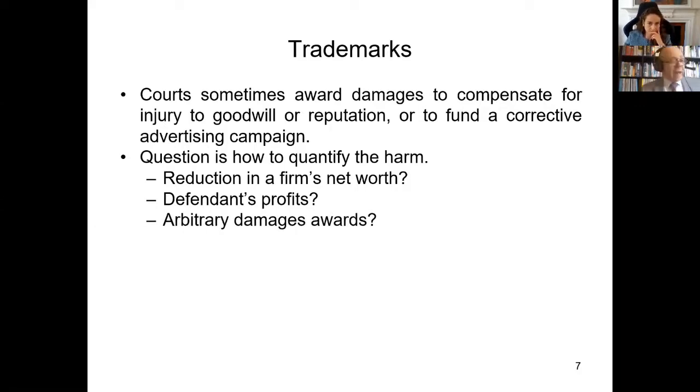We saw this actually, I would say, 20, 30 years ago, when courts for a period of time were awarding corrective advertising damages that consisted of 25% of the defendant's advertising expenditure, which would not necessarily be tied in any rational way to the actual harm to the plaintiff's goodwill.